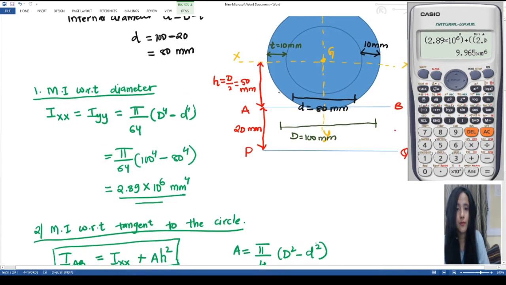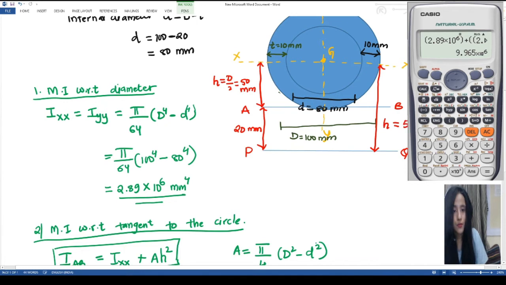Now since this PQ is also running parallel with XX axis, my distance between these two lines will be this distance h, which will be equal to, from this line AB till this XX axis it was 50, right?